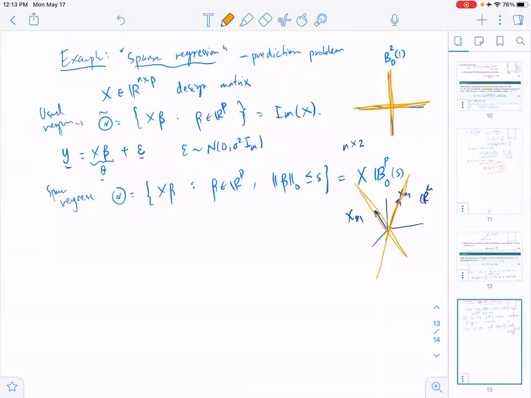So in Rn, this would be a union of subspaces, spaces spanned by the columns of X.